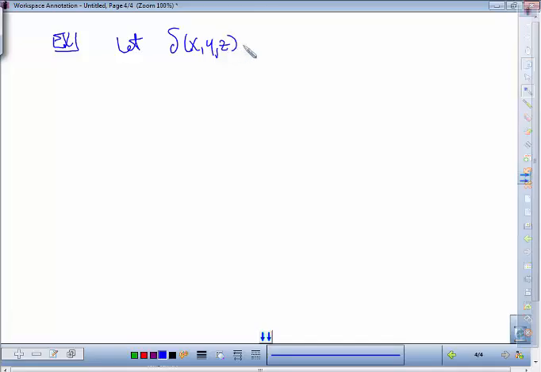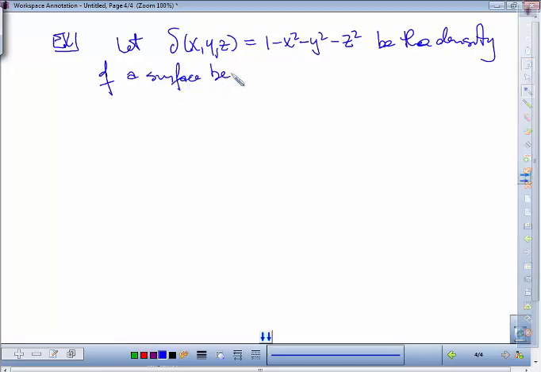All right, let's see if we can make up a problem. For example, let delta of x, y, z equal one minus x squared minus y squared minus z squared be the density of a surface being created. So we have a density function and we need a surface.